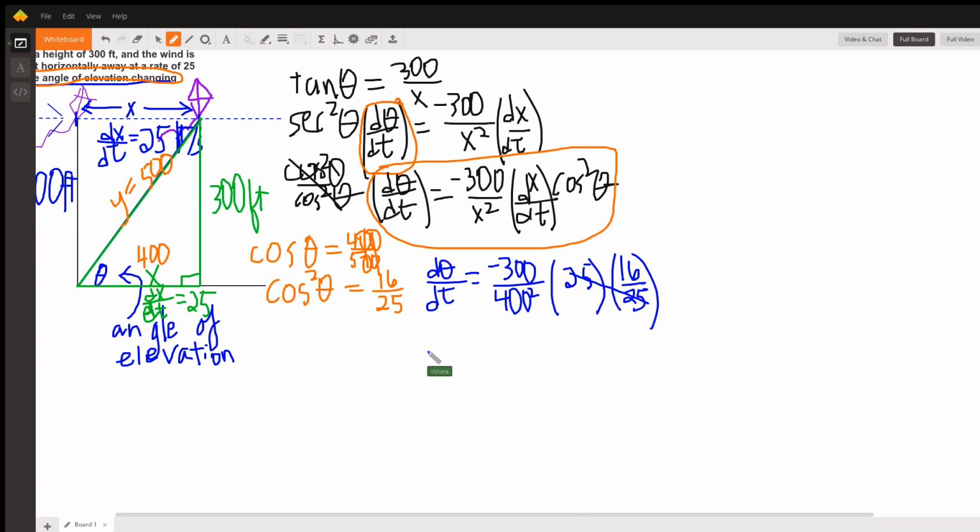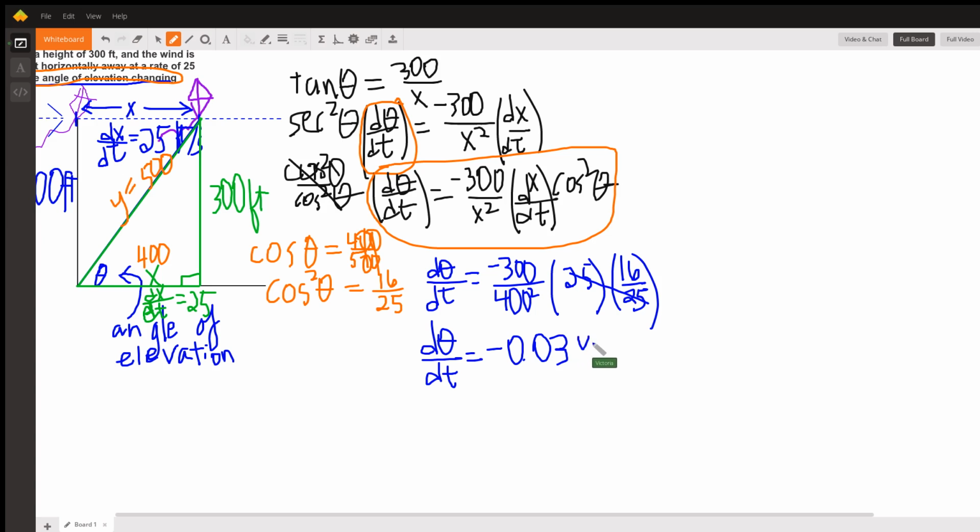And it turns out that d theta/dt is minus 0. Let me double check. Negative 300 divided by 400 squared times 16 is negative 0.03, either degrees or radians per second, depending on what you want to measure your angle in.